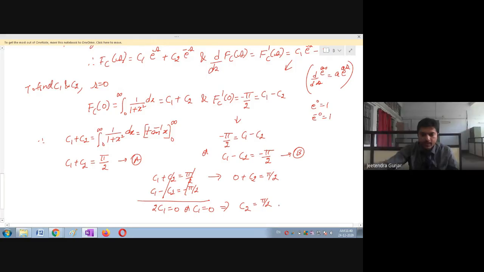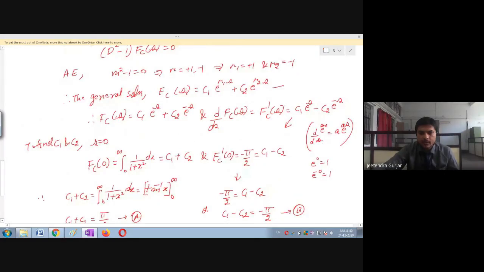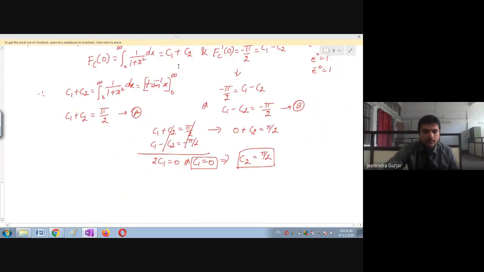Now I have to substitute C1 is 0 and C2 is pi by 2 in the general equation. This is our general equation, I will take it as star. So just substitute C1 and C2, finish. You will get the answer. Therefore, what is the answer?